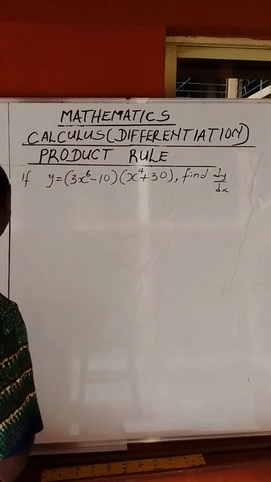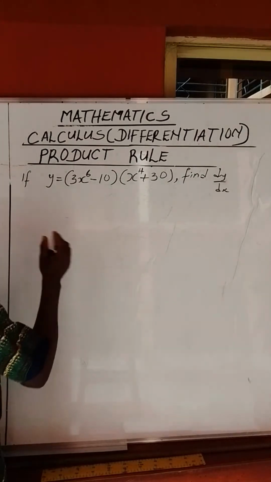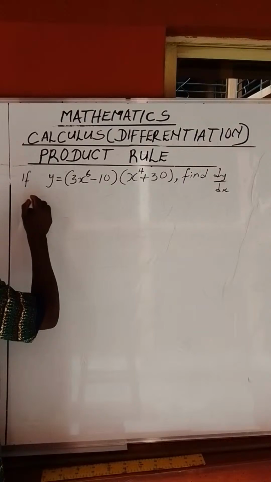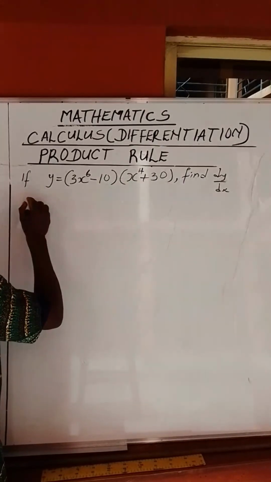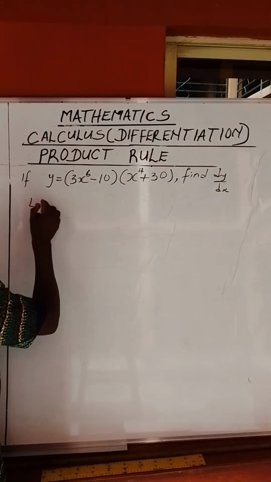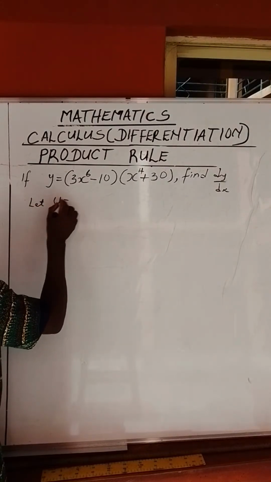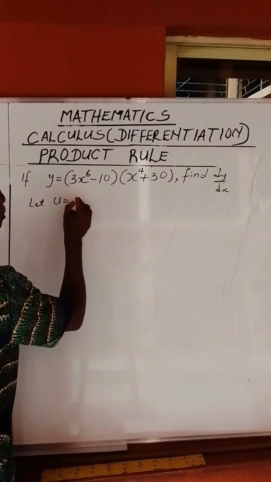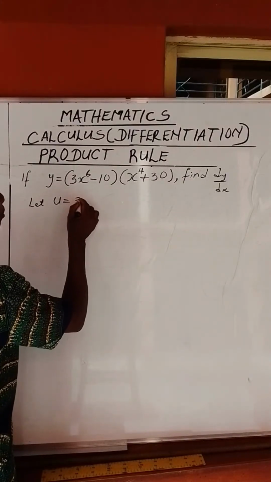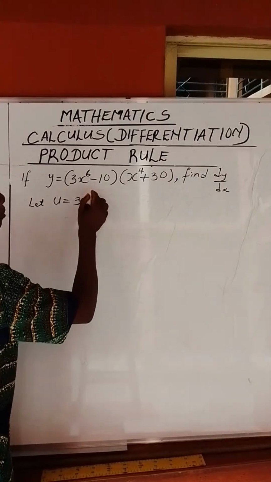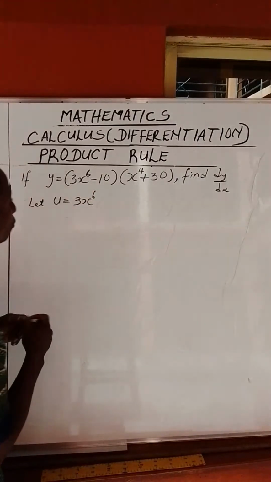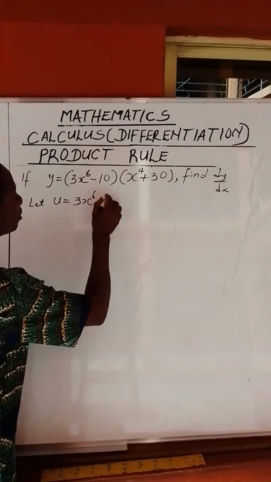What we are simply going to do is take our y and split it into u and v. Therefore, we write let u equal 3x raised to 6 minus 10.